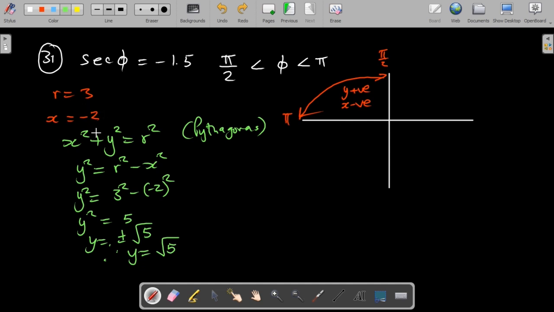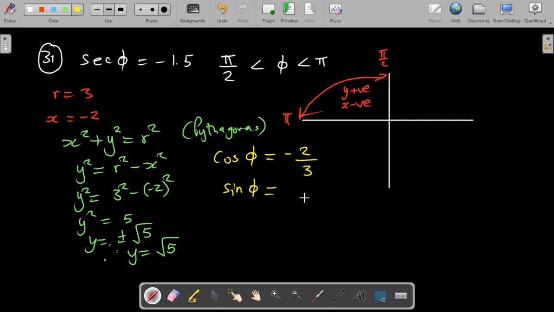Now that we have x, y, and r, we are on our way to find the other trig ratios. Let's start with cosine. Cosine of phi will be x over r. So x is minus 2 and r is 3. Then moving on to sine.